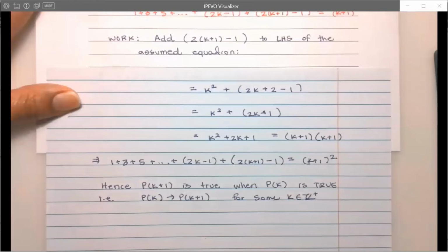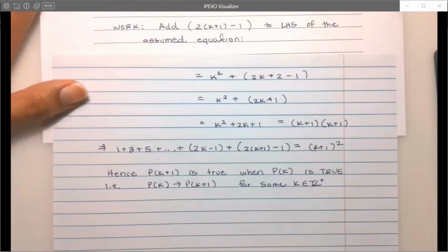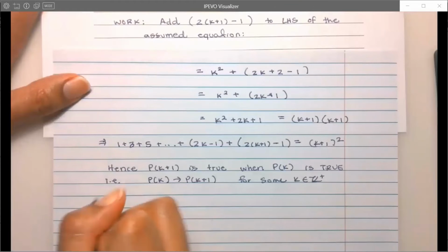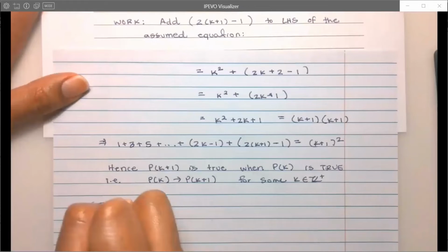And so that concludes the inductive step. The final step is to state the conclusion.